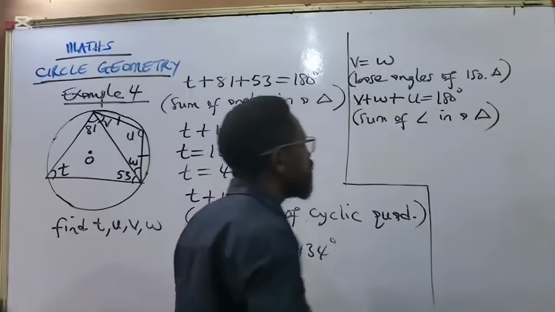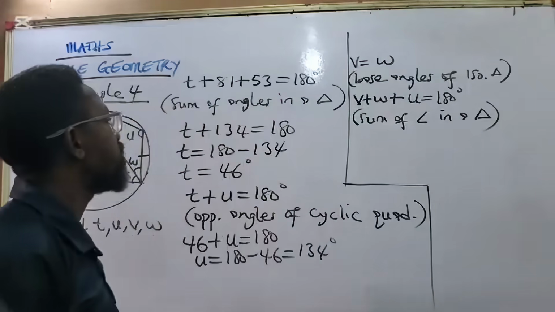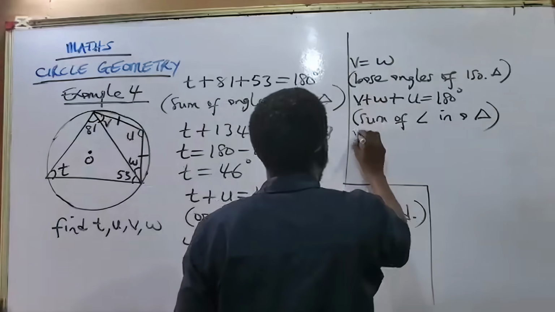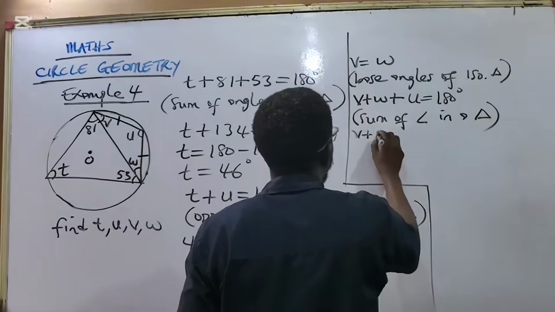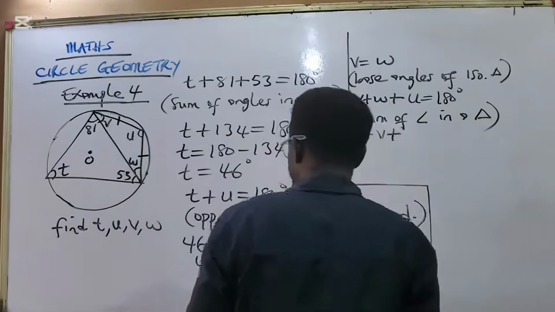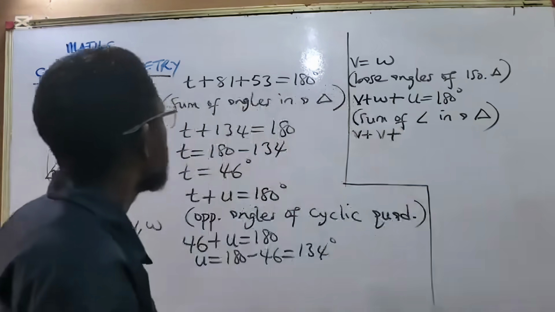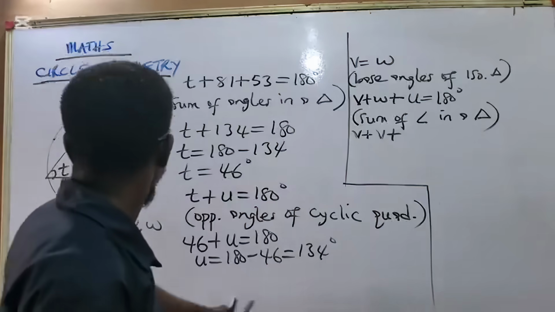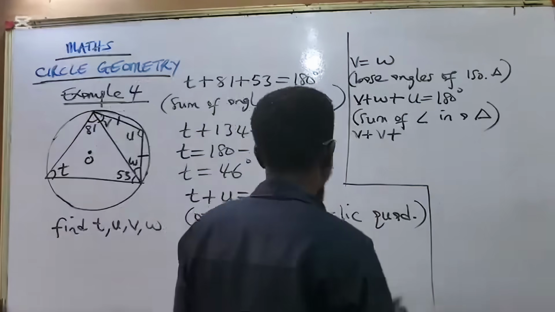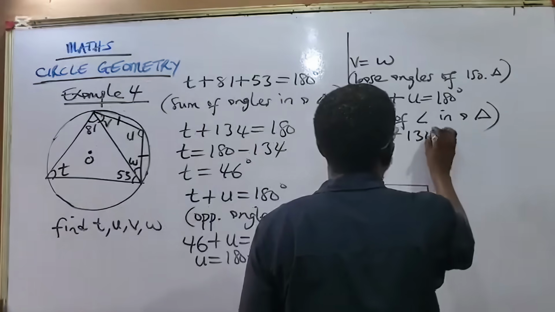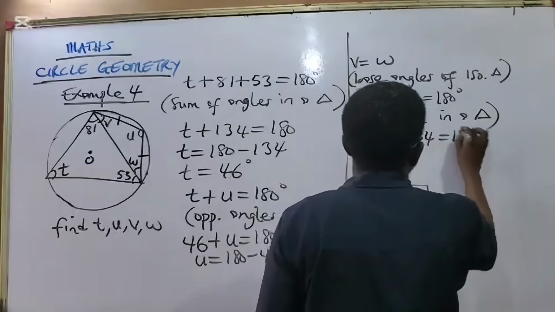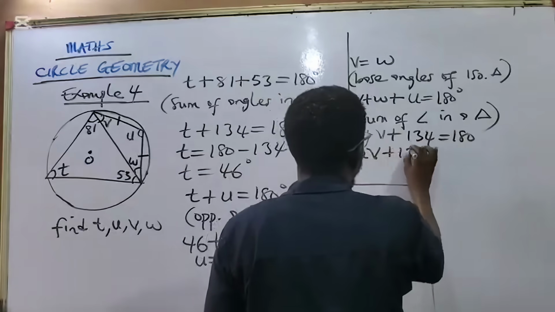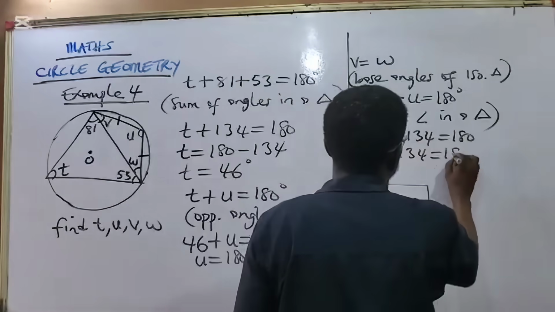Sum of angles in the triangle is equal to 180. And since V is equal to W, I can say V plus V plus the value of U. U is 134. Equals 180. So I get 2V plus 134 equals 180.